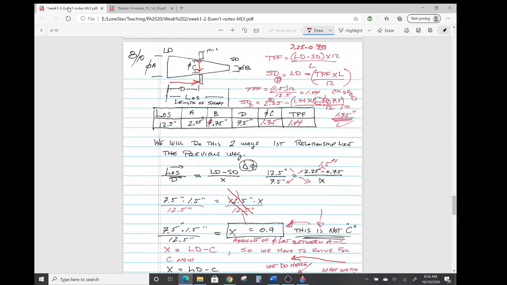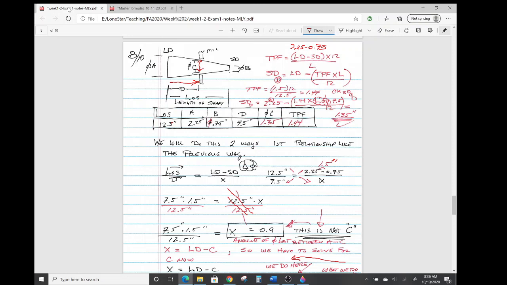All right, so this equals what? 1.5? Okay. Of course it does. So there's 1.5 times 12 divided by the total length, which is 12.5. So our taper per foot is 1.44.